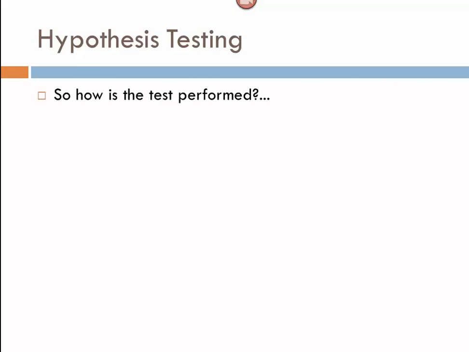So how do we perform the test? In a hypothesis situation, the evidence, of course, is given by our results from our study, which would be our sample from the population. We call the sample from our population the test statistic.